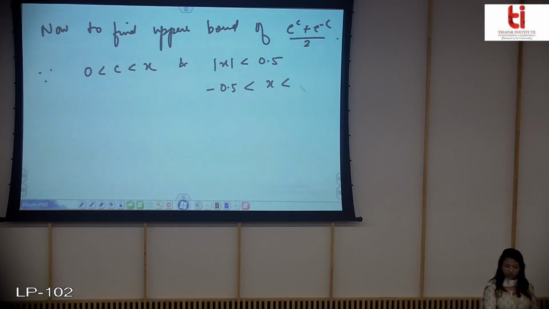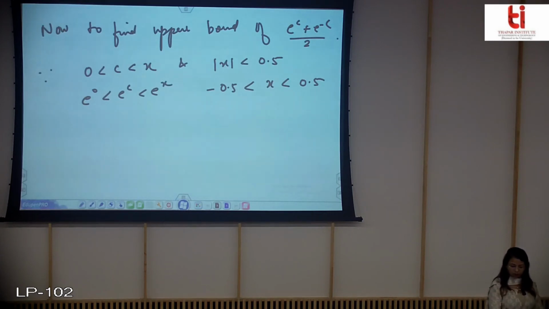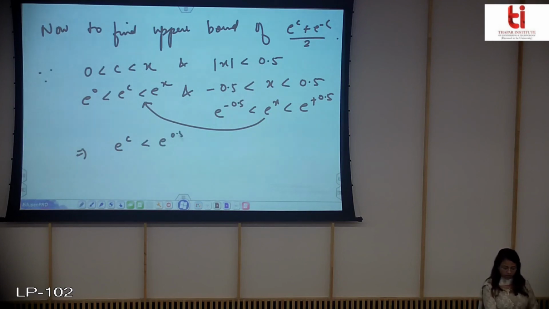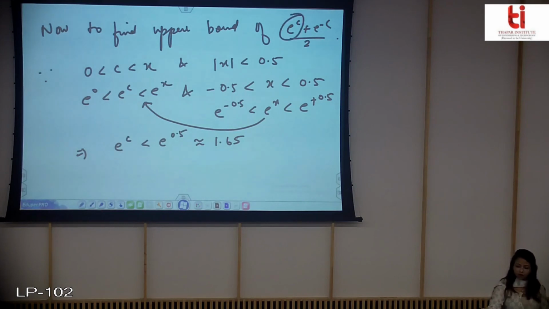Your value of x should be in between this, and because it is an increasing function, I can consider this. Combining both, you get e to the power c is less than this, which is approximately equal to 6.5.